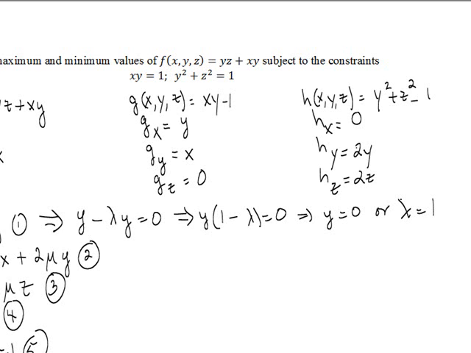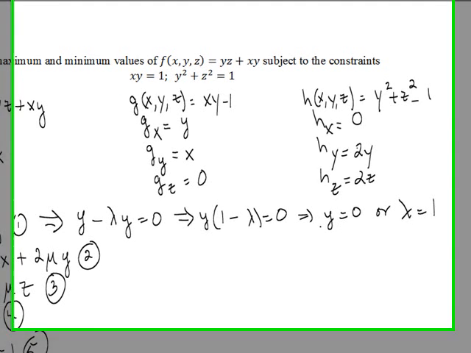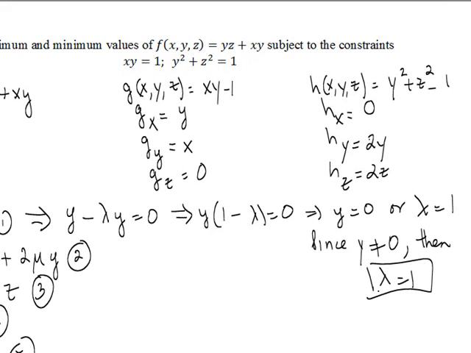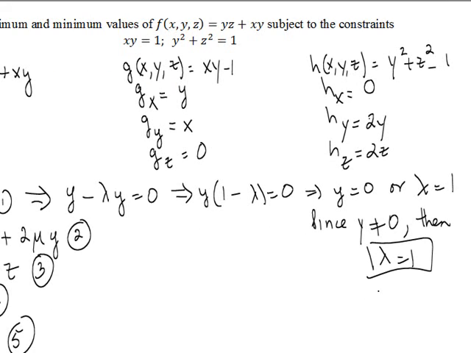Look at equation 4. Xy equals 1. Can y equal 0? No. So this does not make sense. Since y is not 0, then lambda has to be 1. Good.